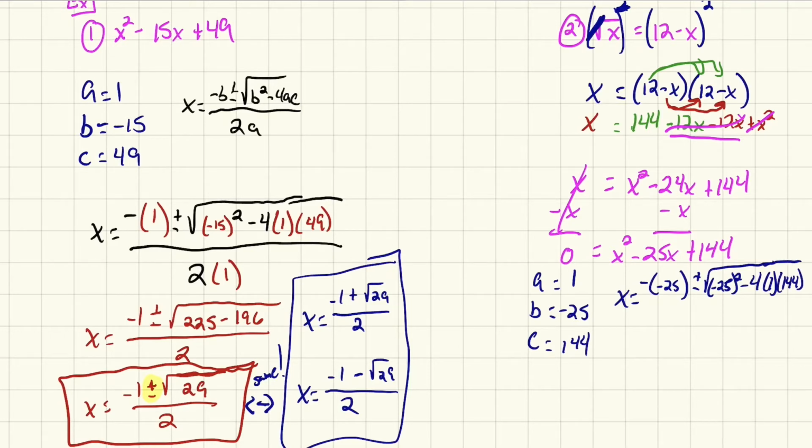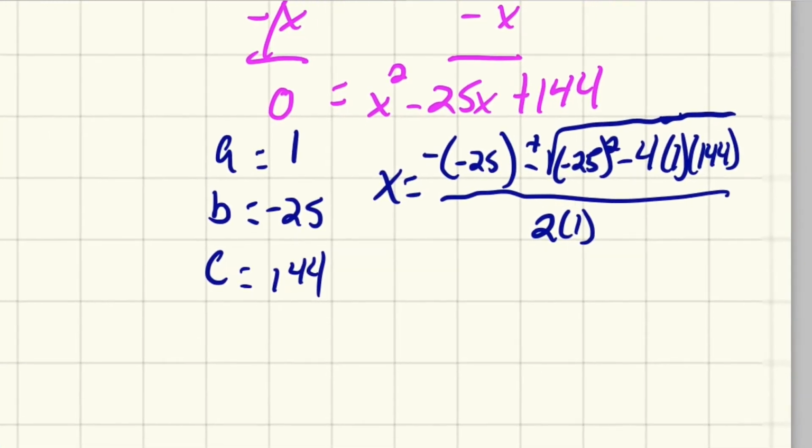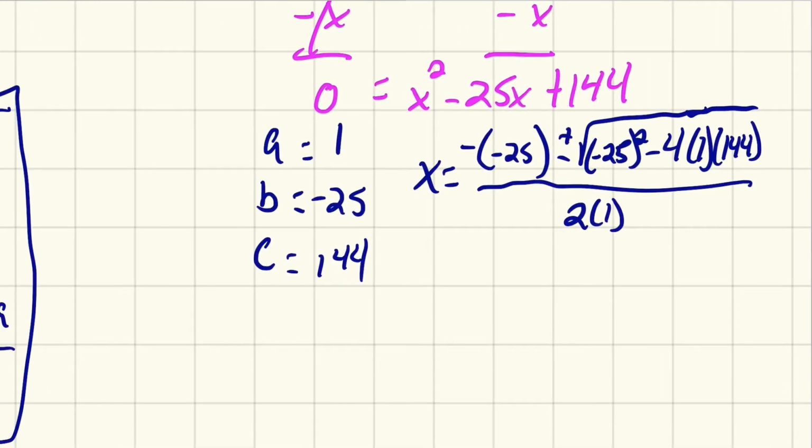And all of that is over 2 times 1. All right, now I'm going to zoom in because we have a lot of stuff here. So that's how we set up that problem, with A being 1, B being negative 25, and C being 144.